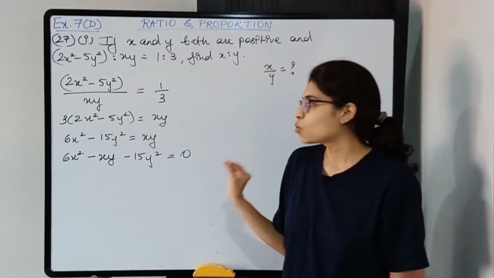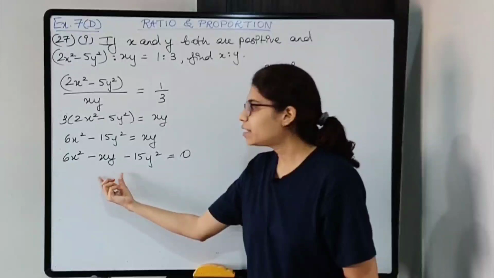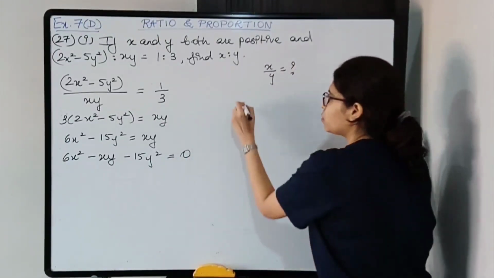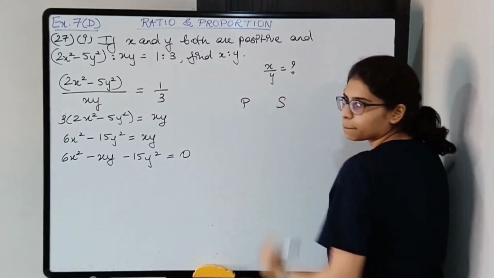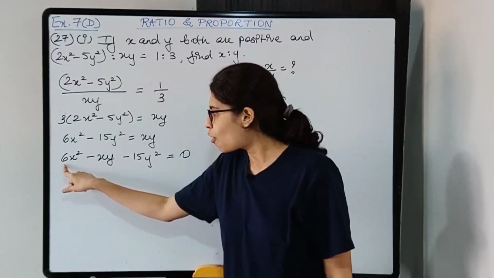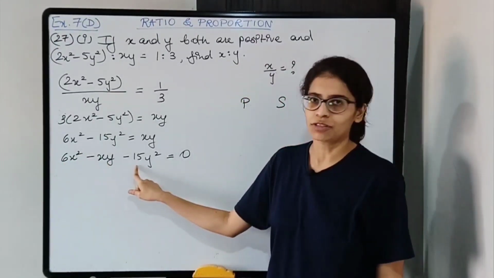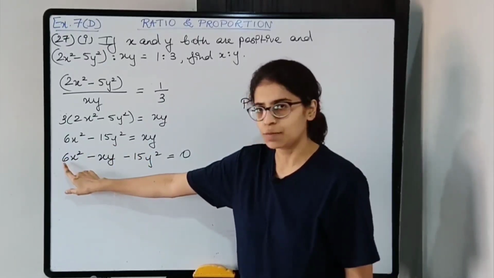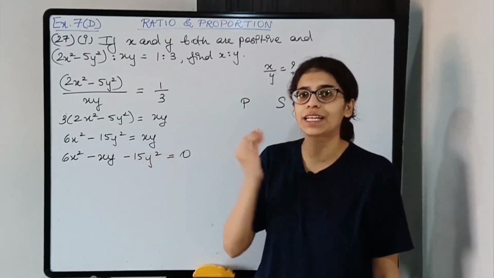In a quadratic equation you split the middle term. For this method you are supposed to know the product and the sum. Product is the product of the first and last coefficients. So 6 into minus 15 will give minus 90.